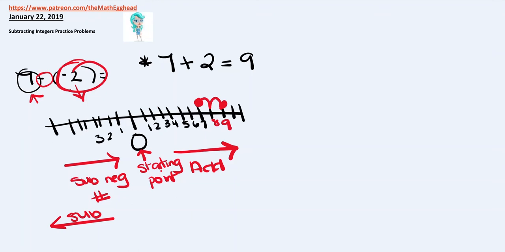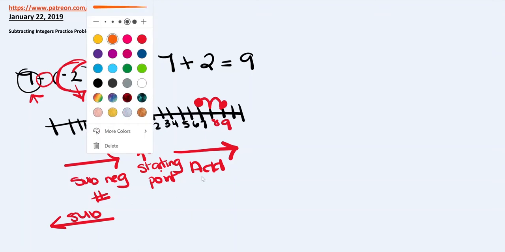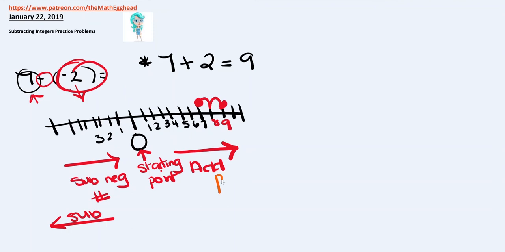Let me put this in a nice color so that you can tell the difference. Let's say we were adding and we're going this way. Usually this is when you're adding a positive number, and this is when you're subtracting a positive number. But if you're adding a negative number, you go this way. You go to the left of the number that you're starting on, or you can think of it as going to the left, heading towards 0 and then going past. So you're adding a negative number.